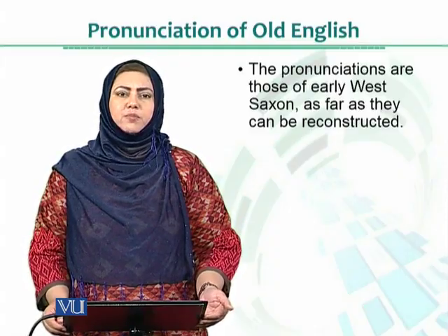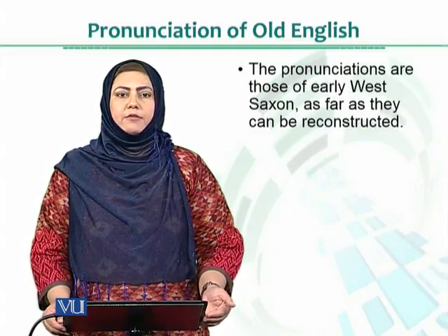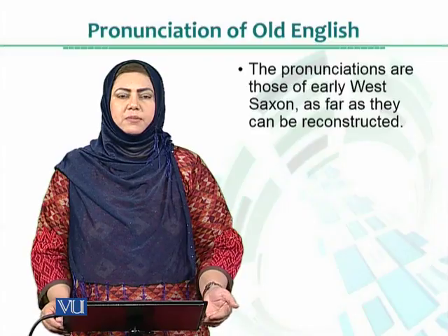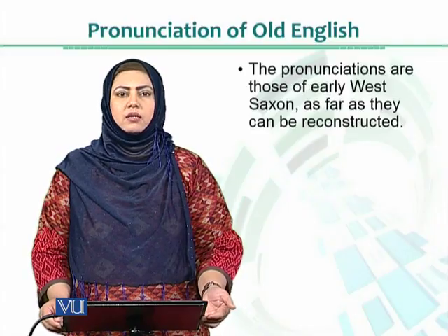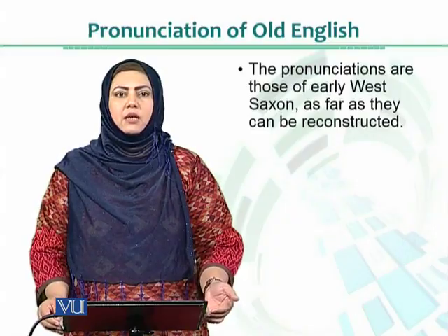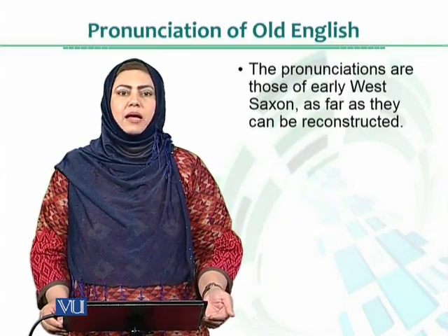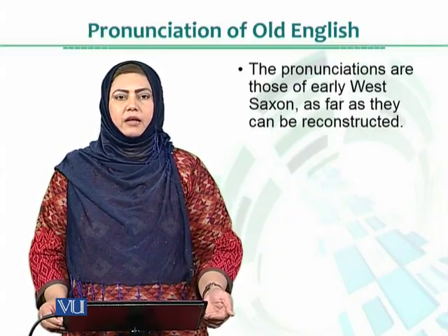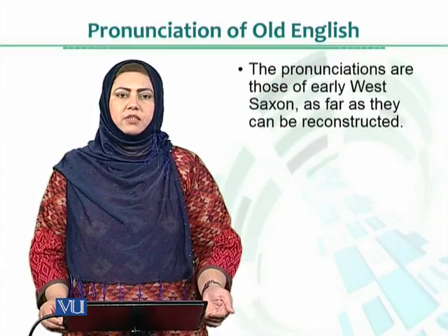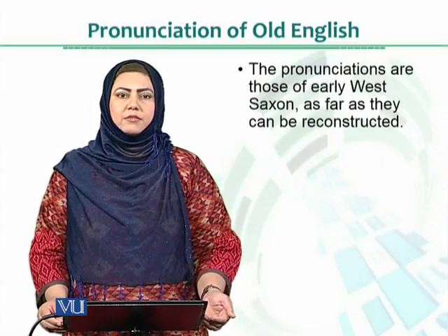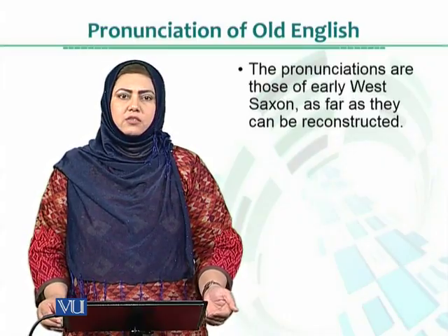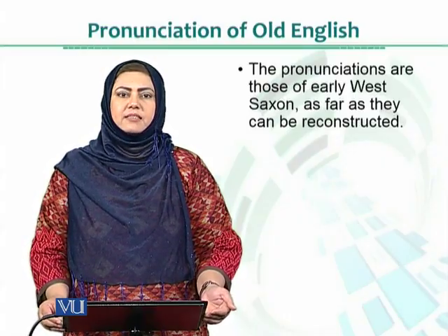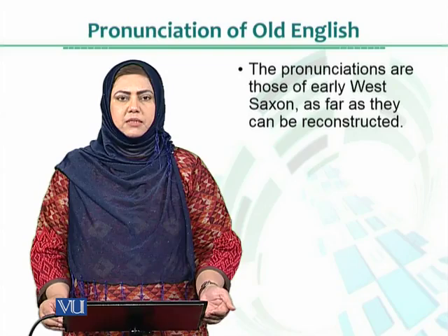Of course, my pronunciation, and for that matter nobody's pronunciation, no student or learner of the history of English language would exactly match the pronunciation that they would have had. And also we have the constraint of not being native speakers of English. So these minor differences in pronunciation would always be there.